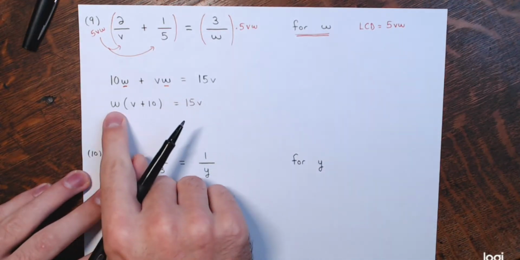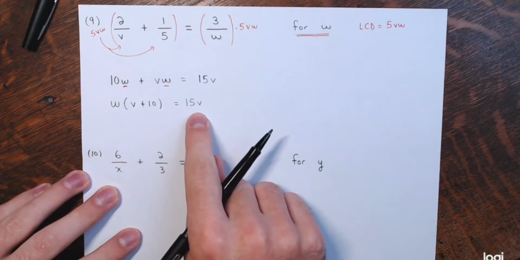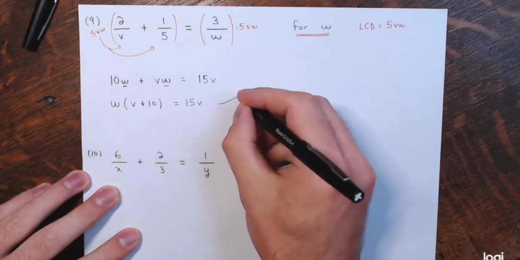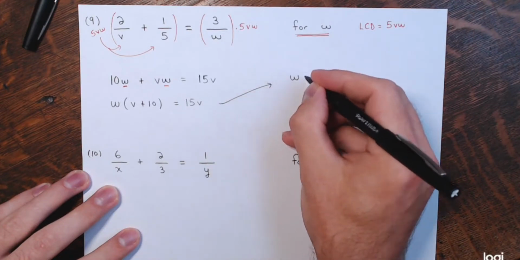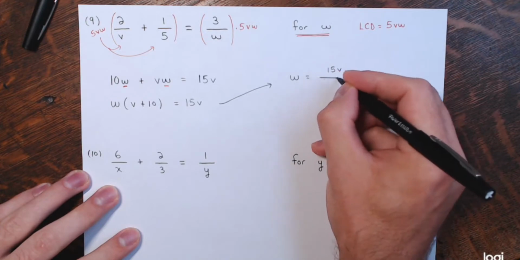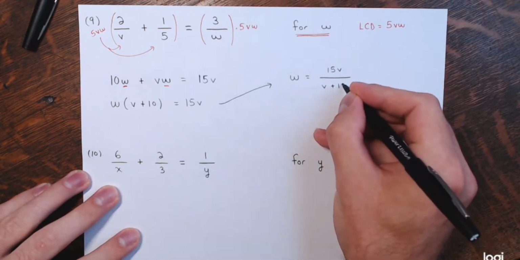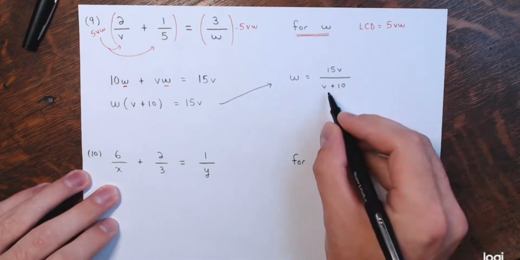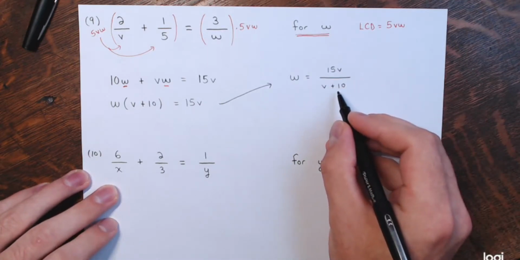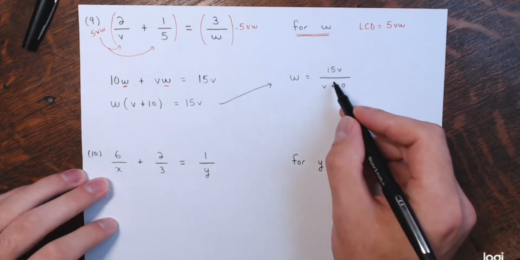And then to get w alone, I divide by this v plus 10. So w would be equal to 15v divided by v plus 10, or 10 plus v. And again, when the denominator has multiple terms, you're not dividing each term of the denominator by the numerator.